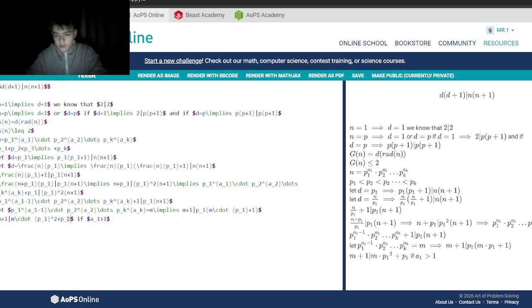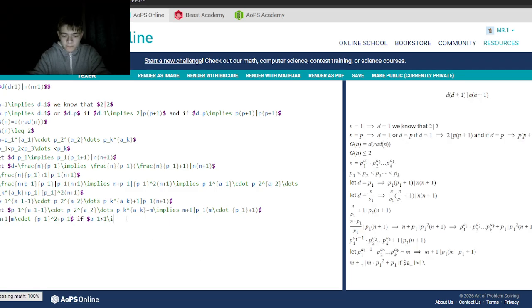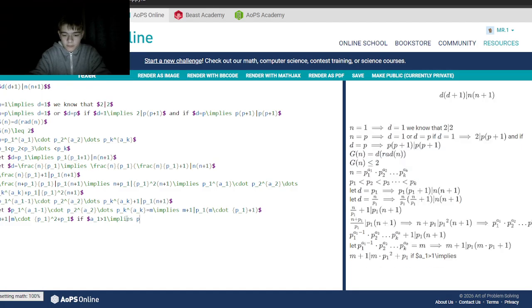Okay, so if a1 is more than or equal to 1, we know that p1 divides m, because m is equal to this, and the power of p1 is a1 minus 1, which is more than 0, which means that p1 divides m.